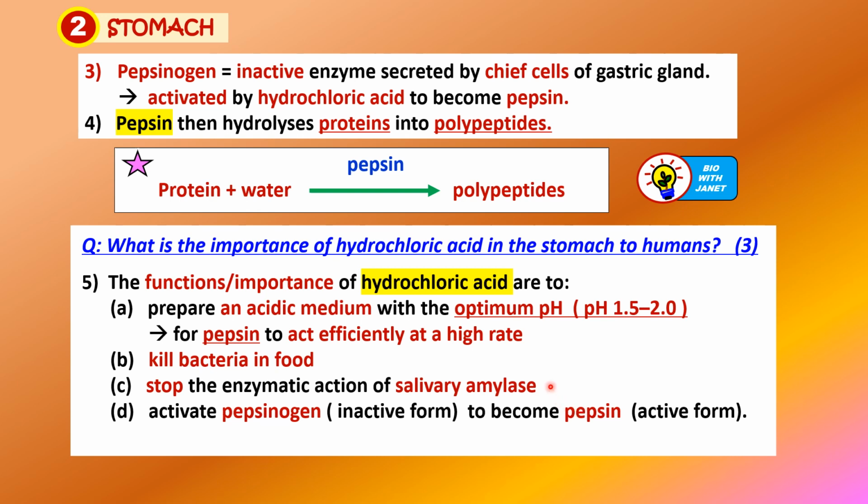And one more action is that it stops the enzymatic action of salivary amylase, because it will create an acidic environment that is not favorable for the salivary amylase to act, as salivary amylase needs a neutral medium.